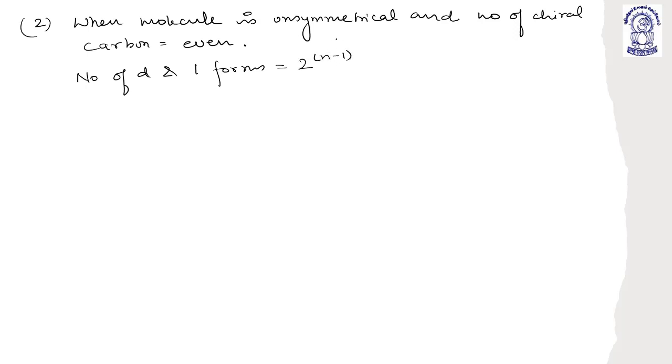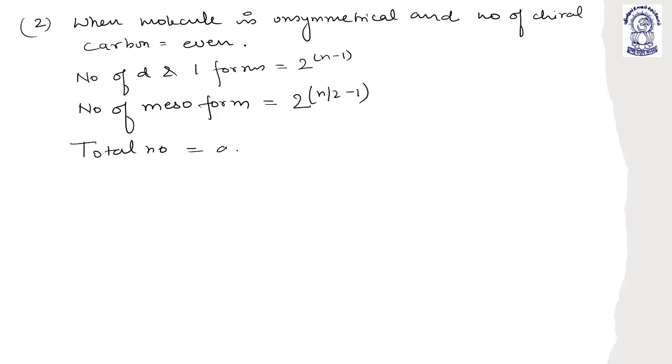Number of meso forms is 2 to the power n by 2 minus 1. Total number is the addition of the above, that is 2 to the power n minus 1 plus 2 to the power n by 2 minus 1.